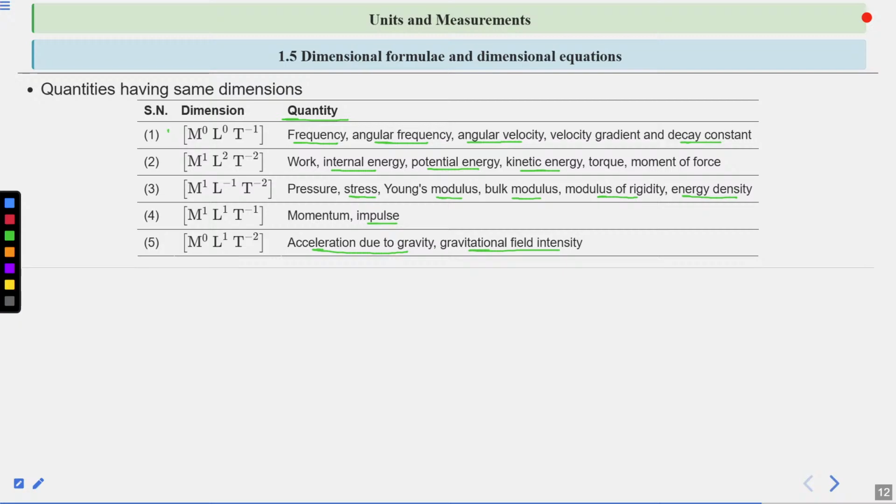Yes, you need to learn all these dimensions.